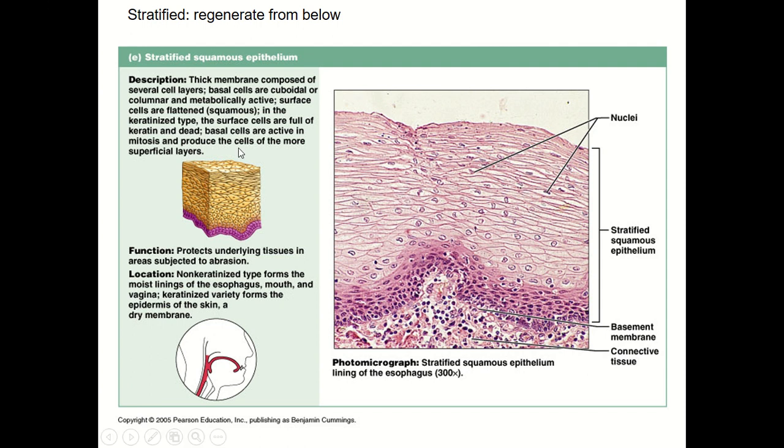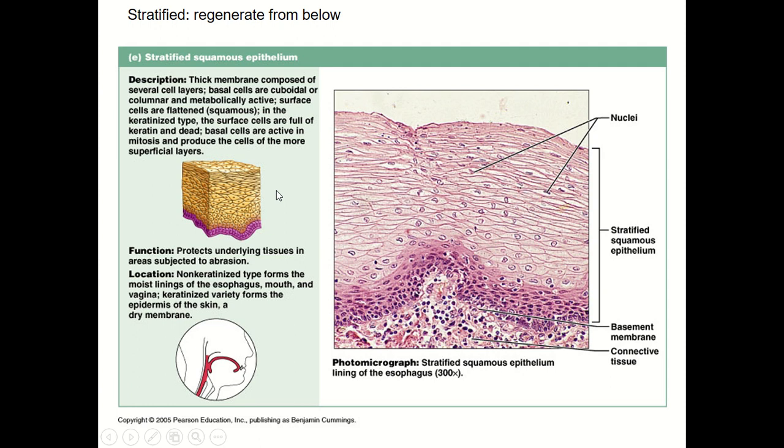Stratified squamous epithelium is a thick membrane composed of several cell layers. As you can see here, it is very thick, and its basal cells at the bottom are cuboidal or columnar in shape, and they are very active. Meanwhile, the surface cells are flat, which are squamous, and there are two types.